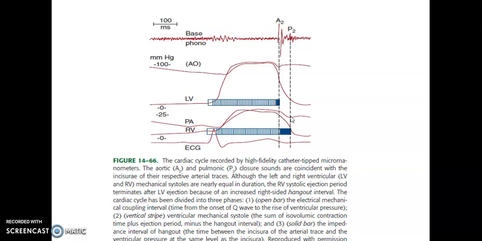Though the RV pressure declines earlier, the pulmonary artery pressure declines at a later stage. There is a time lag, and at this level you measure the duration. So this is called the hangout interval. The hangout interval of the pulmonary circulation is longer.